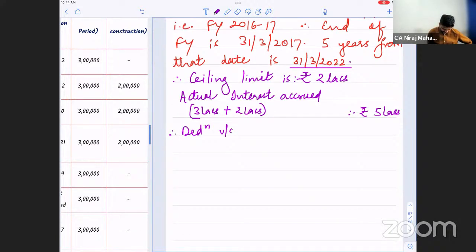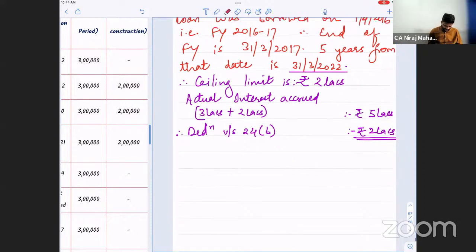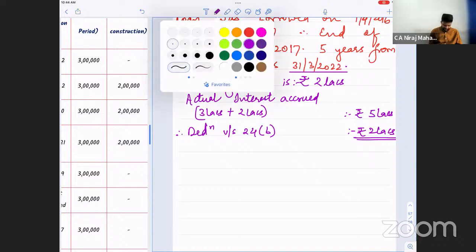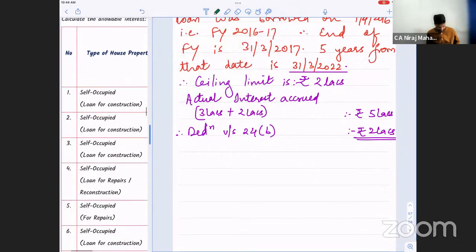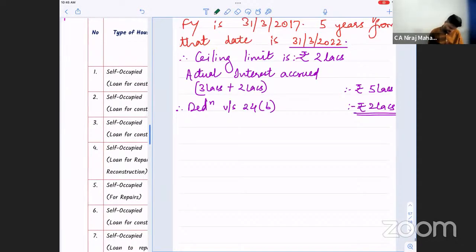Deduction under section 24B rupees 2 lakhs. Yes, everybody? All okay? Khushbu? Nitin? Good.